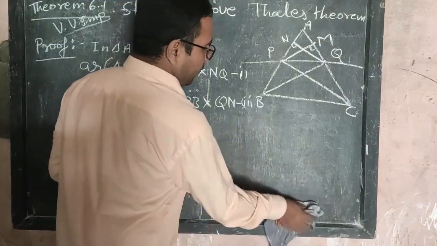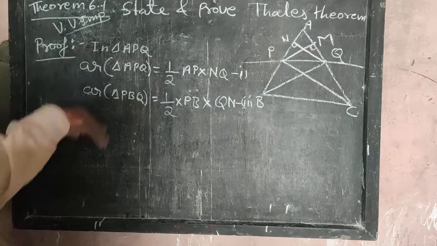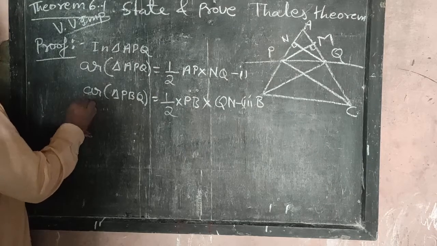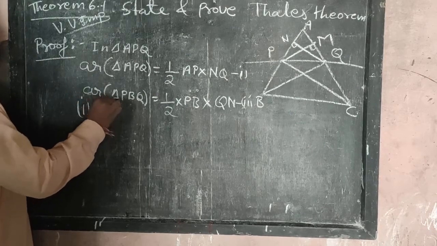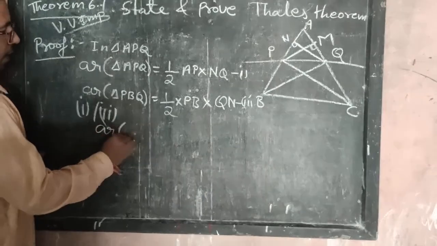Now let's see what we have to do with equation 1 and 2. Students, we will divide these two equations, equation 1 divided by equation 2. So how much will we get?